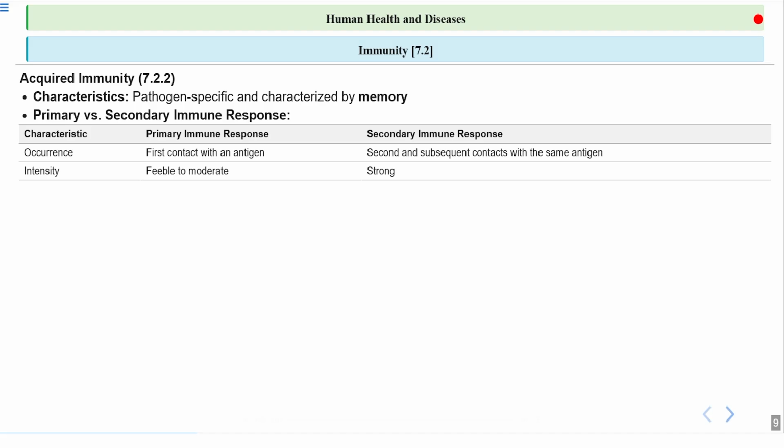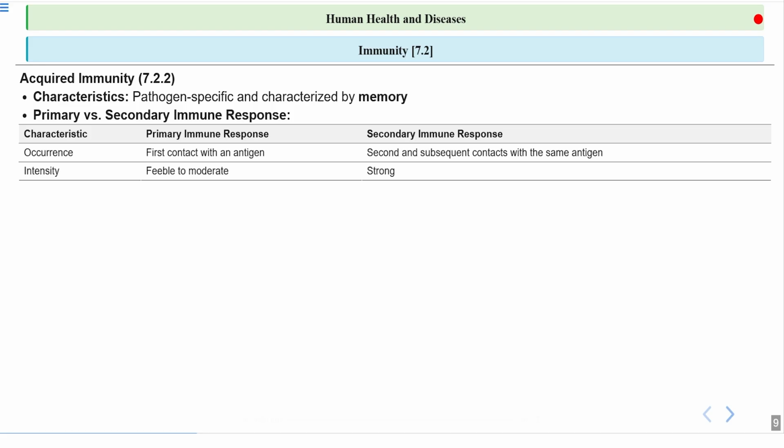So this is the primary immune response. It gets activated upon first contact with the pathogen, and its intensity is feeble to moderate. Clear? Now, let's talk about the secondary immune response.